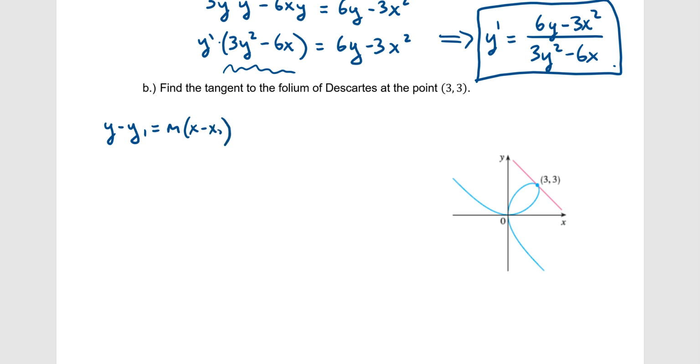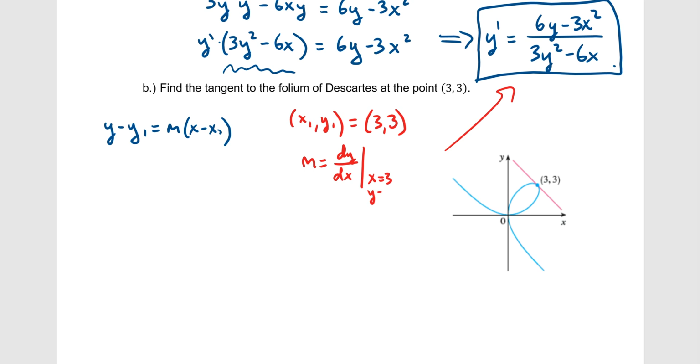We have our x1, y1, which we know is (3,3). And now we need the slope, which is going to be the derivative evaluated at (3,3). So I'm going to write that as dy/dx evaluated at x equals 3, y equals 3, and we go ahead and plug everything in.